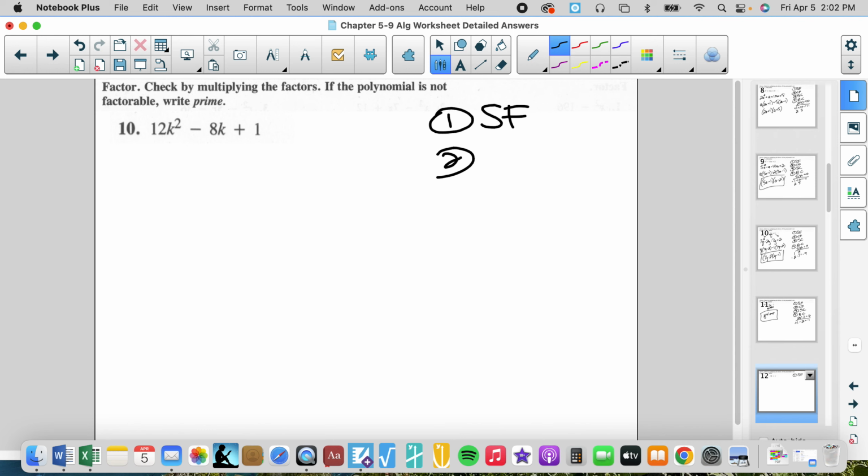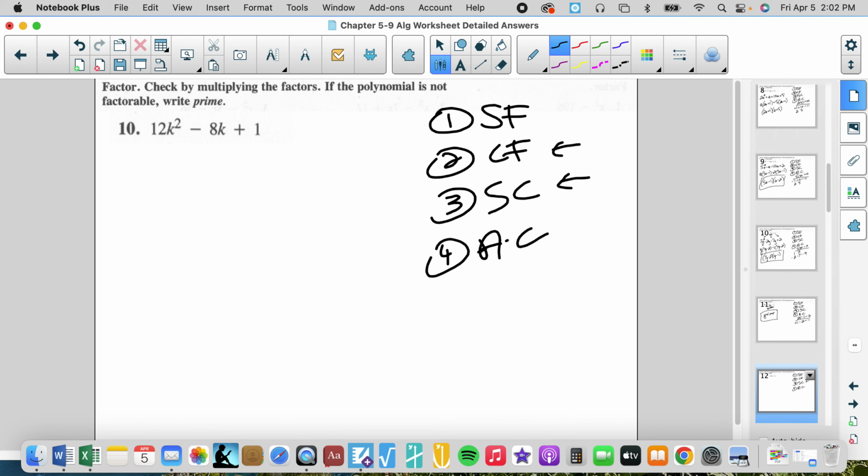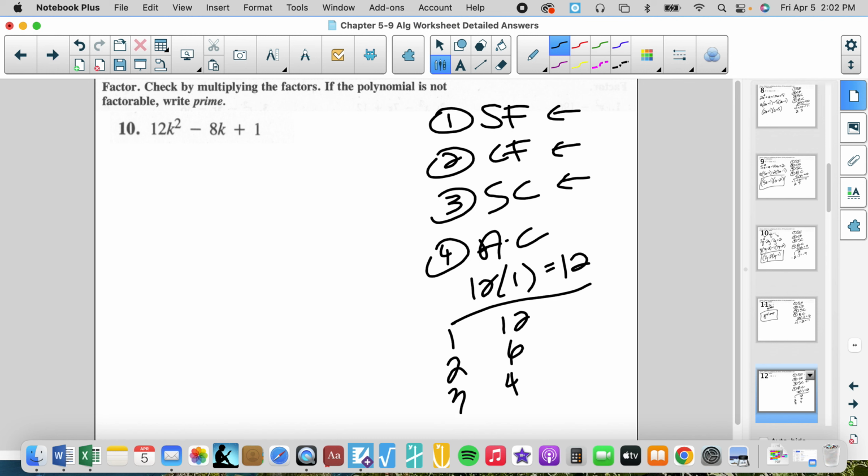Standard form, common factor, special case, A times C. And this method protects you against special cases, common factor, standard form. A is 12, C is 1, 1 and 12, 2 and 6, 3 and 4. Signs are the same. Both are negative.